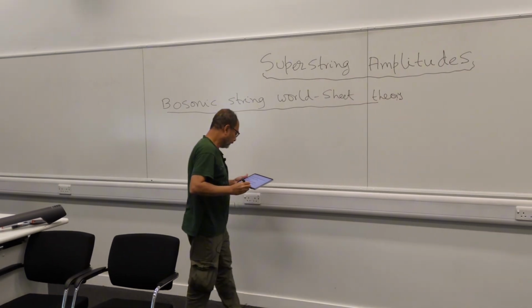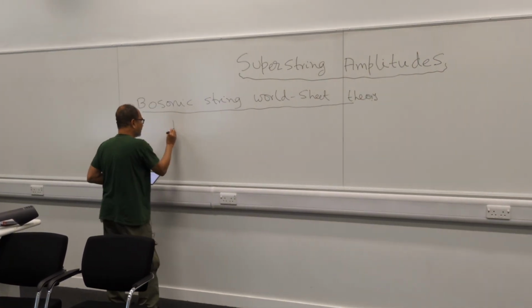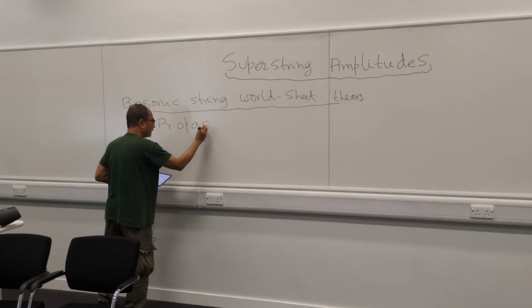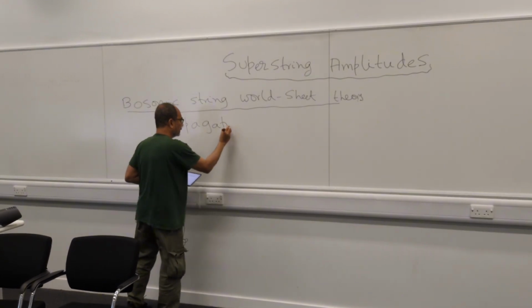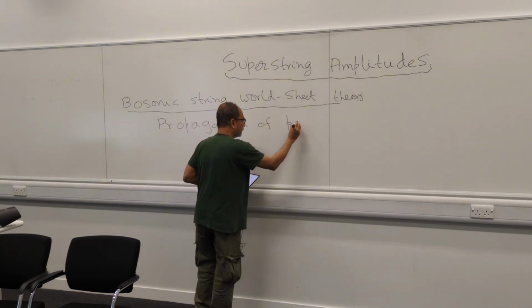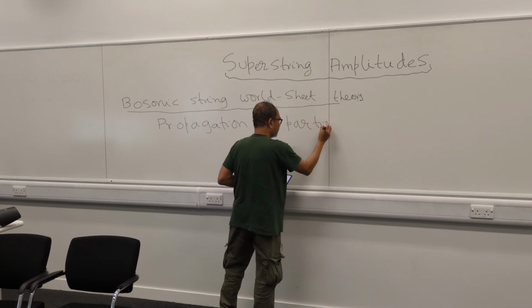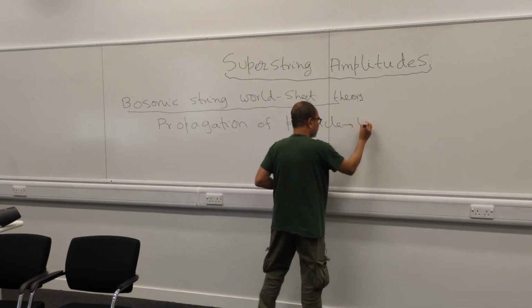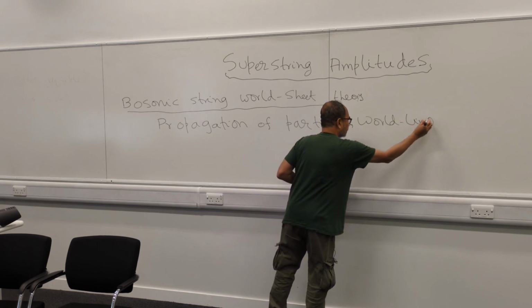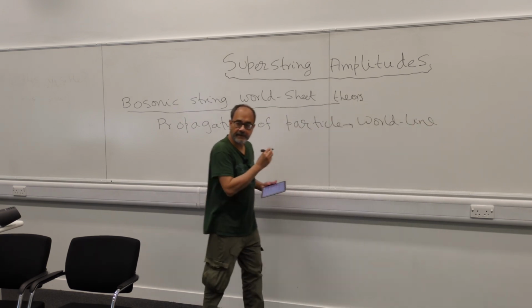So propagation of a particle describes a world line. Is this visible, what I am writing?